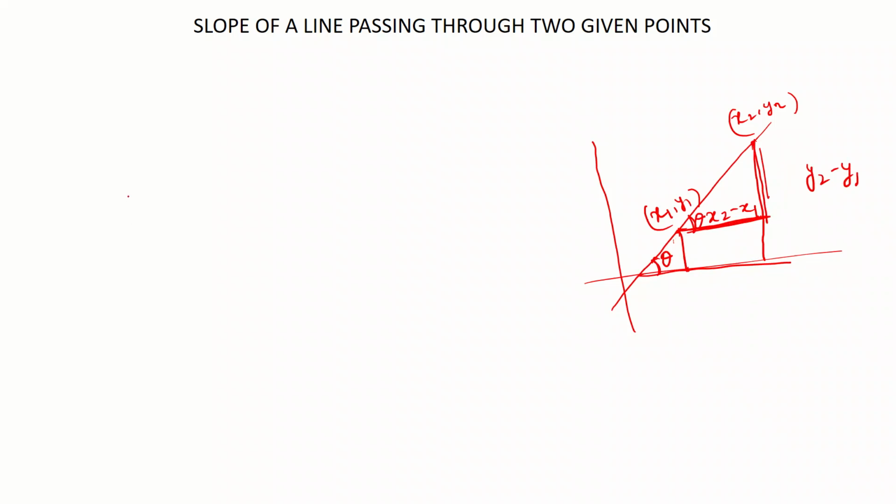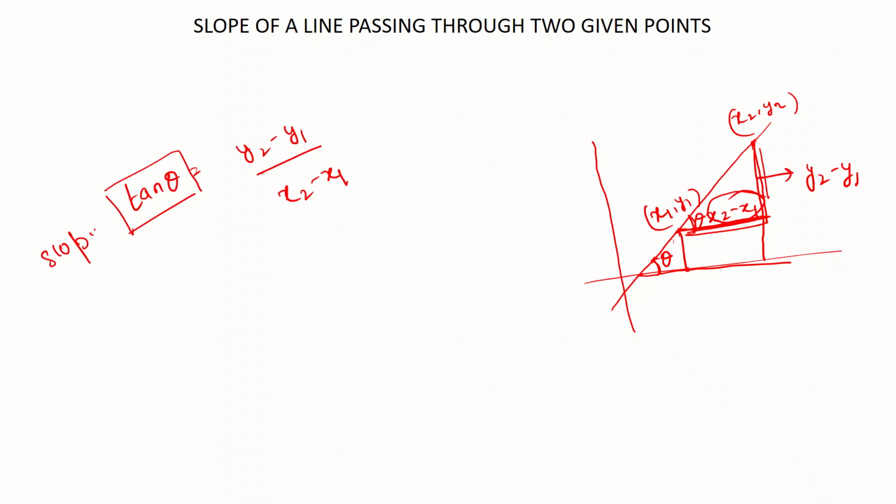So if I want to find out tan theta, we know that it's perpendicular by base. Perpendicular is this y2 minus y1, divided by base, which is x2 minus x1. And remember, tan theta is nothing but the slope of the line.